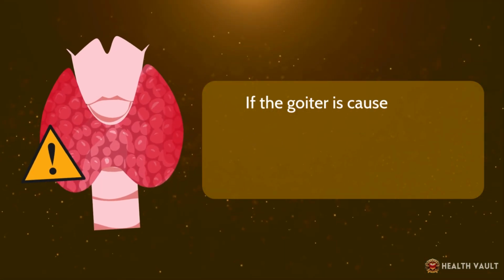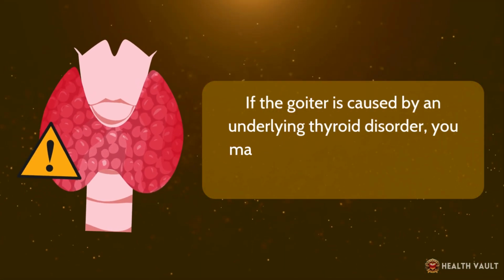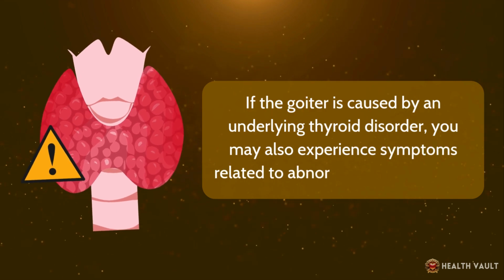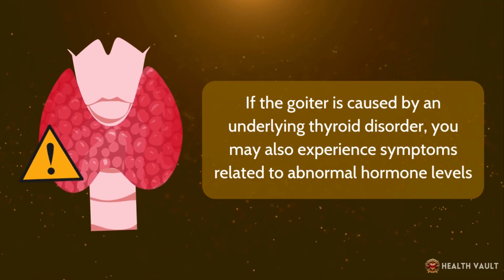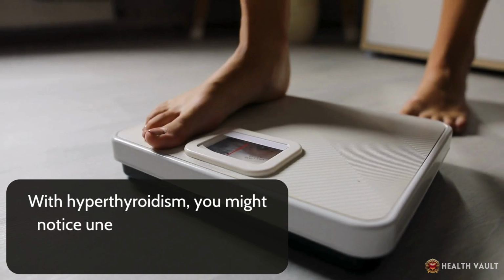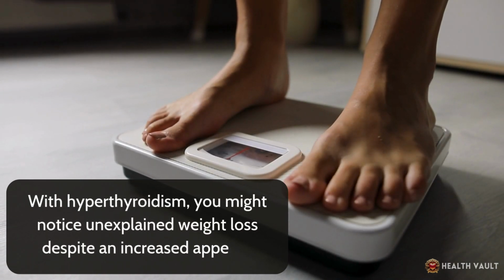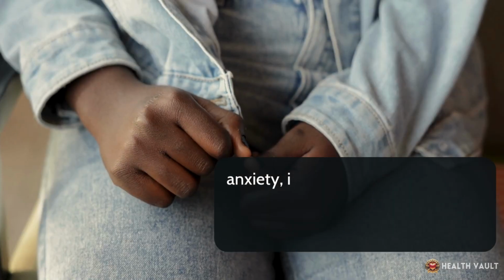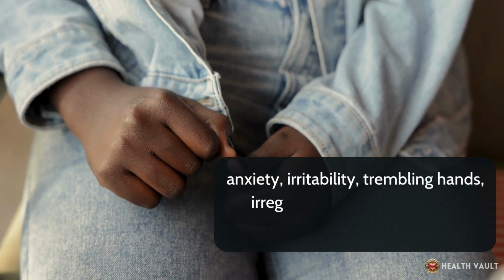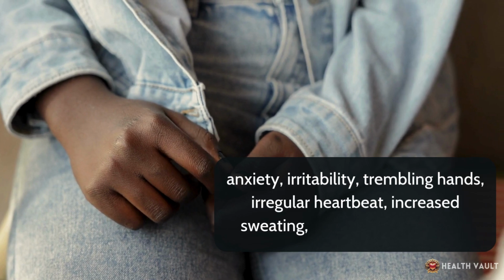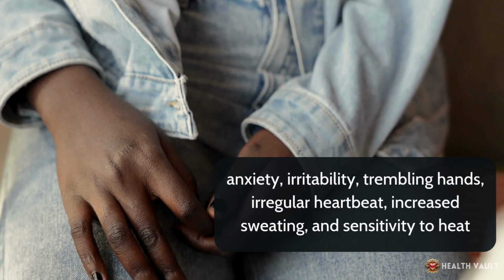If the goiter is caused by an underlying thyroid disorder, you may also experience symptoms related to abnormal hormone levels. With hyperthyroidism, you might notice unexplained weight loss despite an increased appetite, anxiety, irritability, trembling hands, irregular heartbeat, increased sweating, and sensitivity to heat.